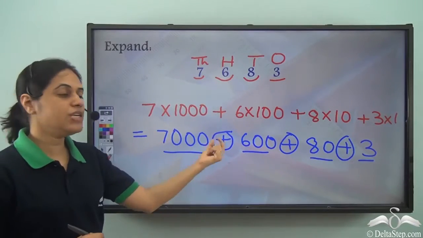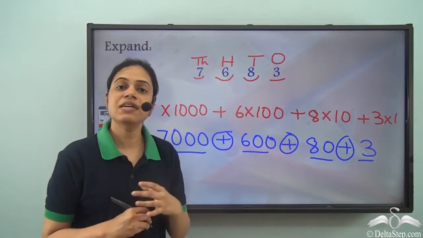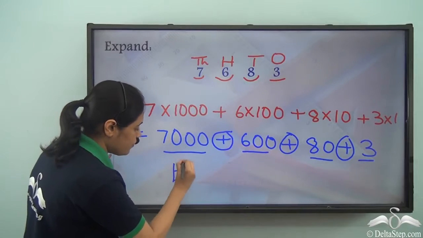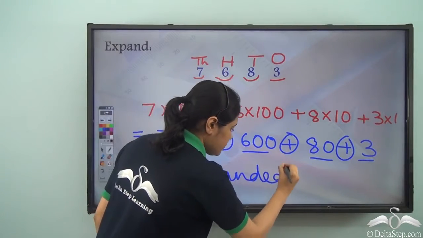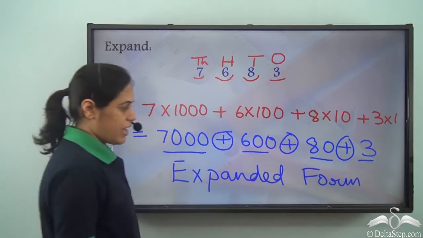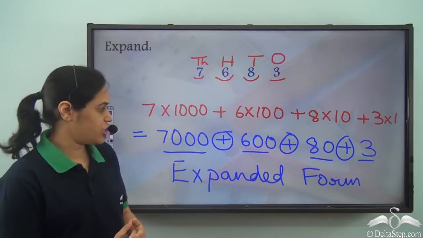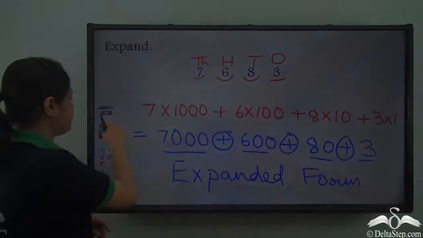That is 7000 plus 600 plus 80 plus 3. So, this is the expanded form of the number. And this is how you can expand any given 4-digit number. So, write the place values and add them.